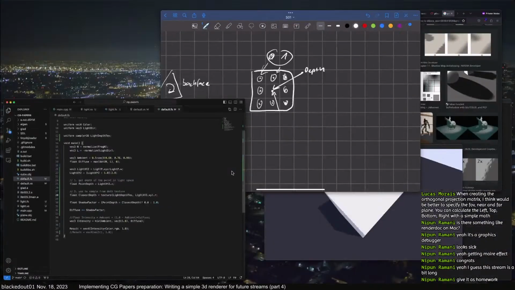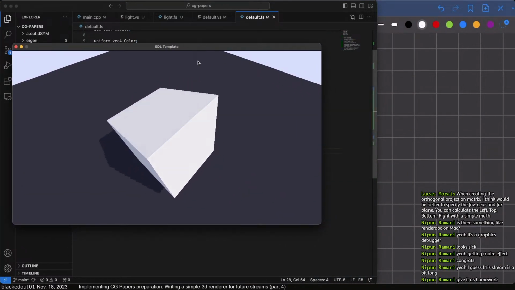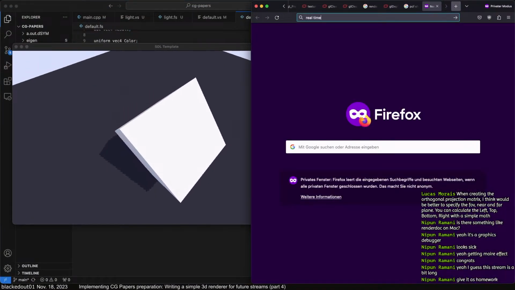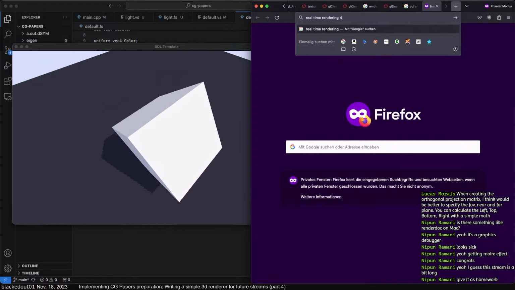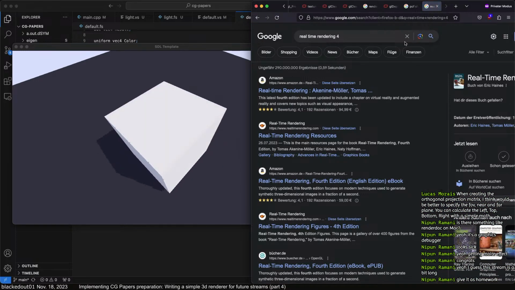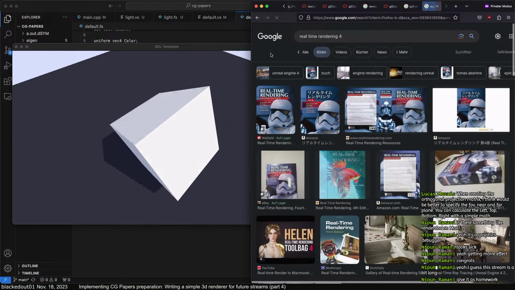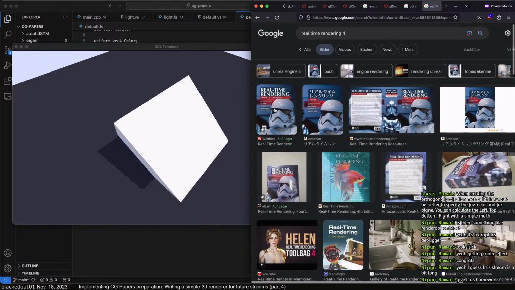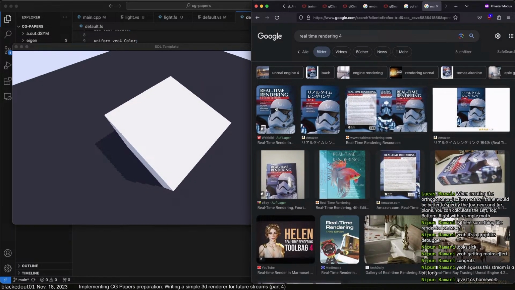And what I found in this real-time rendering book, I think it's called real-time rendering. Yeah, so this book here, so I have this book.